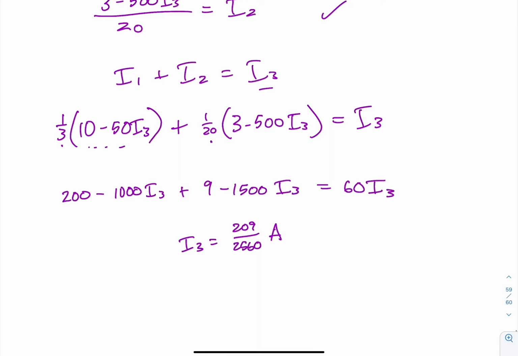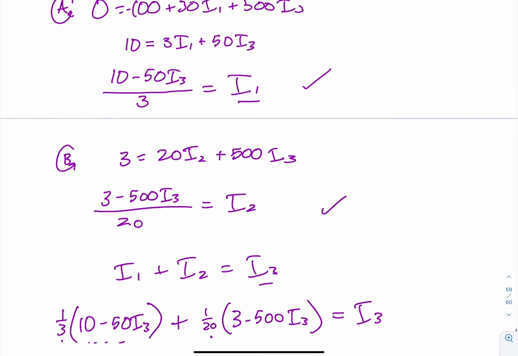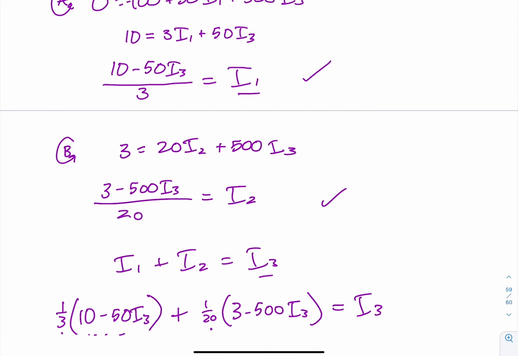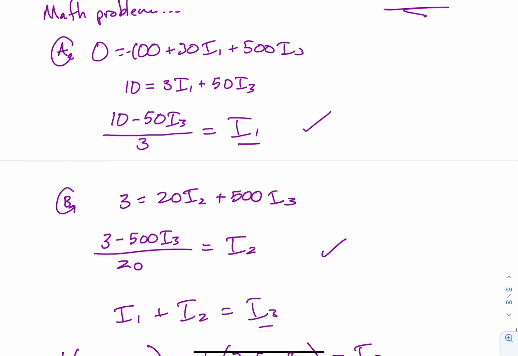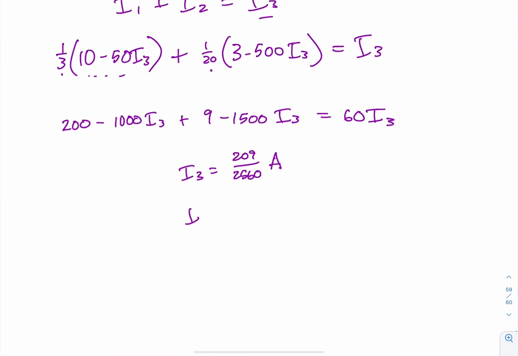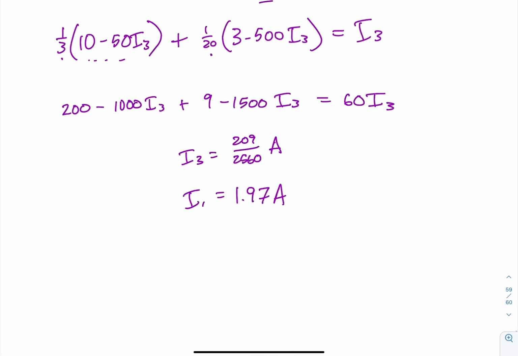And if we know I3, then we can get any of the others. We can substitute I3 into those other two equations to show that I1 is 1.97 amp. And we can use really any rule at this point to get I2, but I2 is negative 1.89 amp.